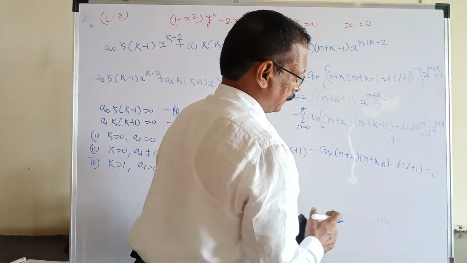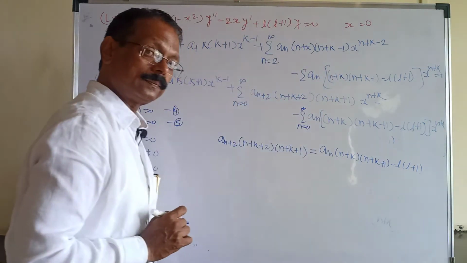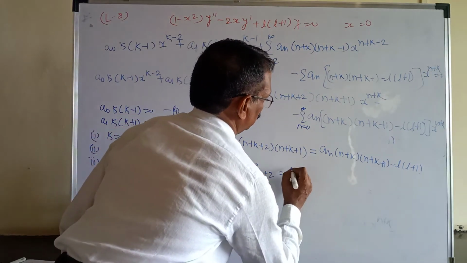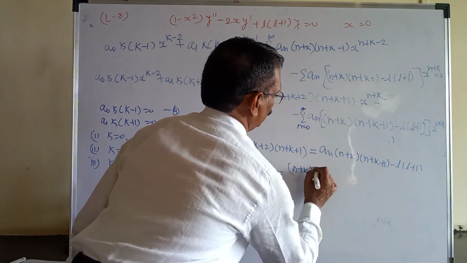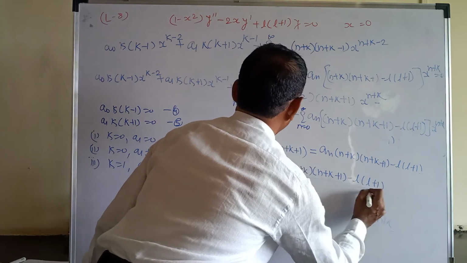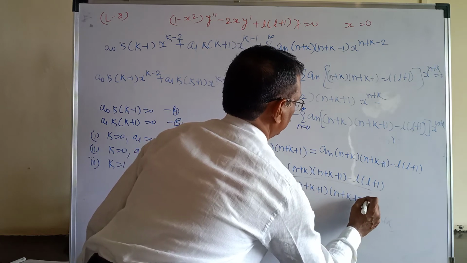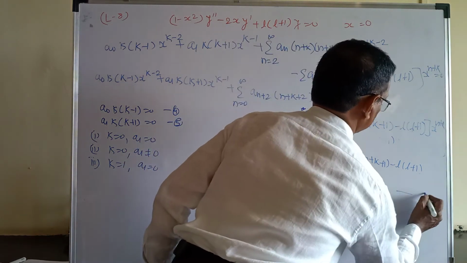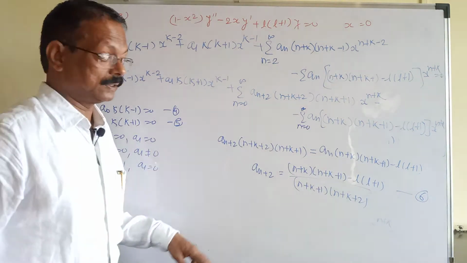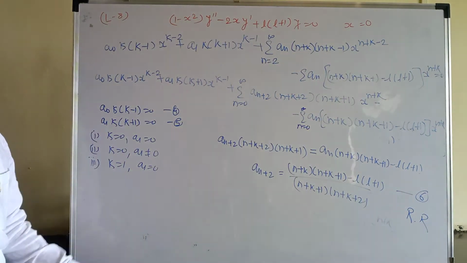So a(n+2) becomes (n+k) into (n+k+1) minus l into (l+1) upon (n+k+1) into (n+k+2). This is equation number 6, which is known as the recurrence relation.